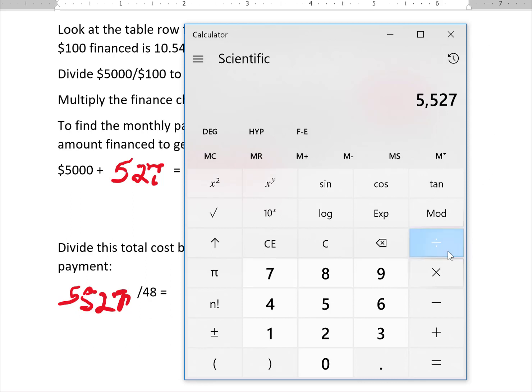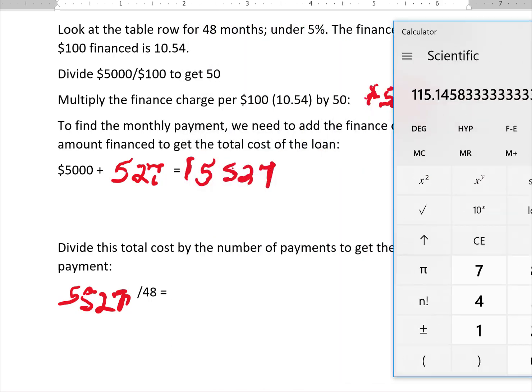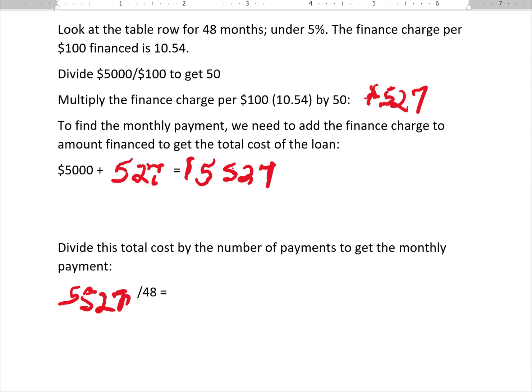Because there's 48 payments in his loan. And so his monthly payment is $115.15. So his monthly payment is going to be $115.15.